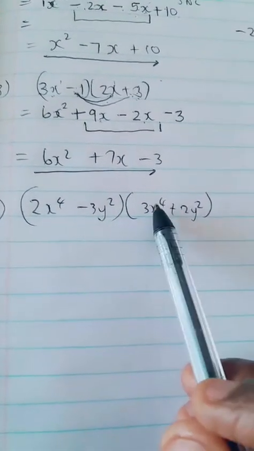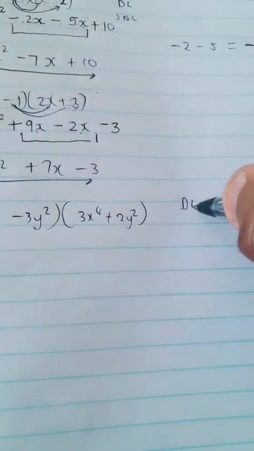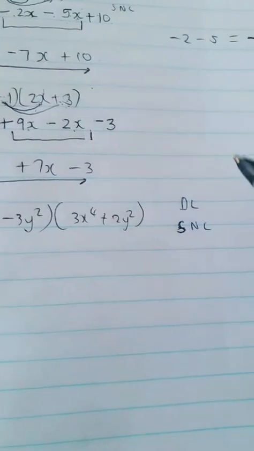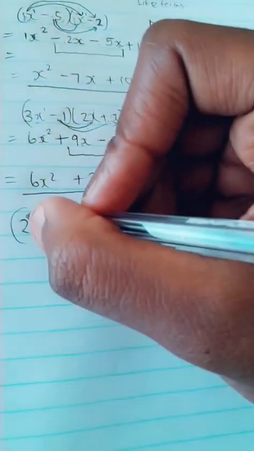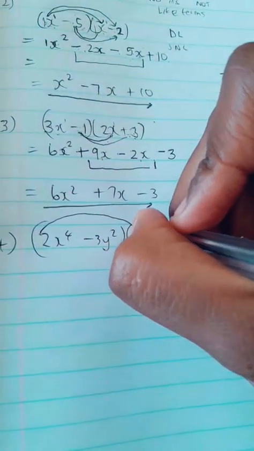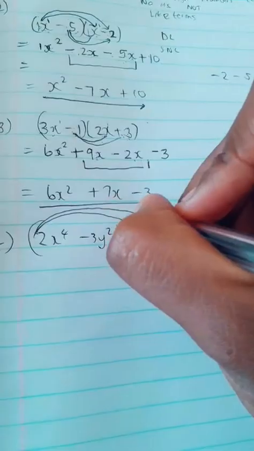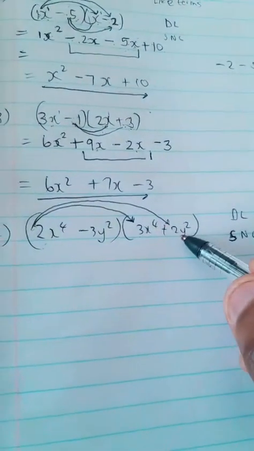So let's look at multiplication. Once again, distributive law using sign, number, letter. Yes, FOIL. We multiply the first terms, then the outer terms. So 2x to the power 4 is distributed there. That's the first thing.